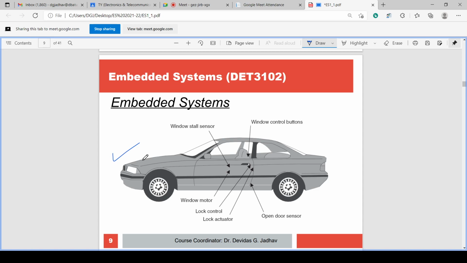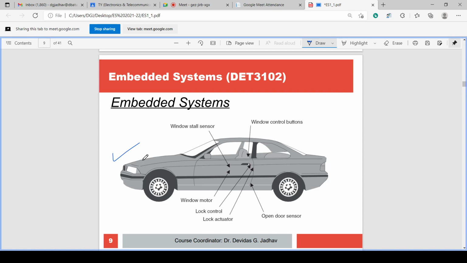Then seat belt sensor is there. If you use the seat belt in a vehicle, then the sensor will show seat belt is operative, or it will show seat belt is not operative. Okay, and sometimes smart systems are provided. Suppose the driver is going in the car, he puts on the seat belt, and the passenger on his side does not put on the seat belt.